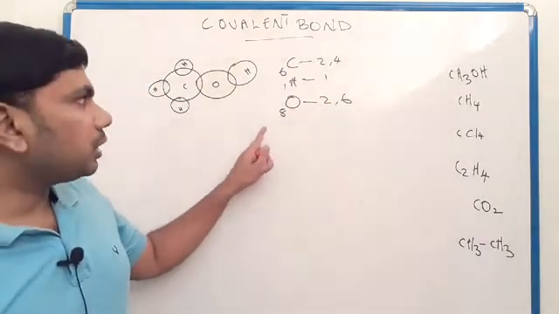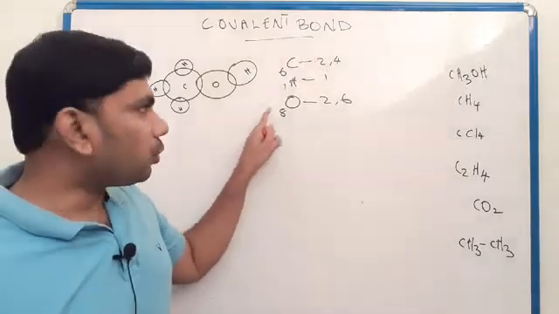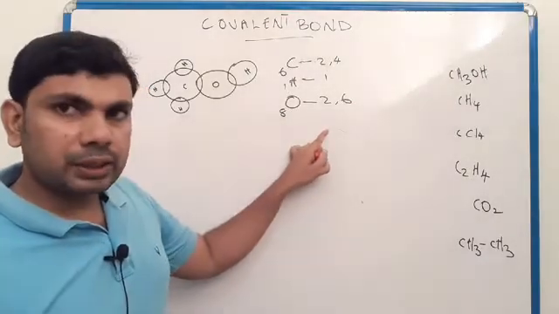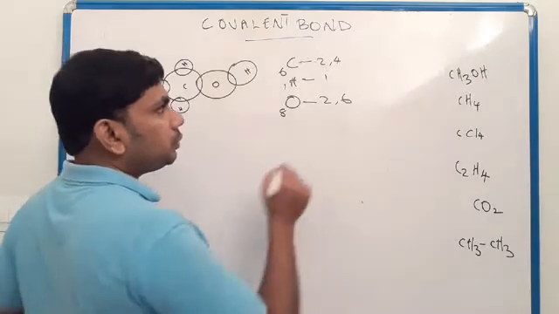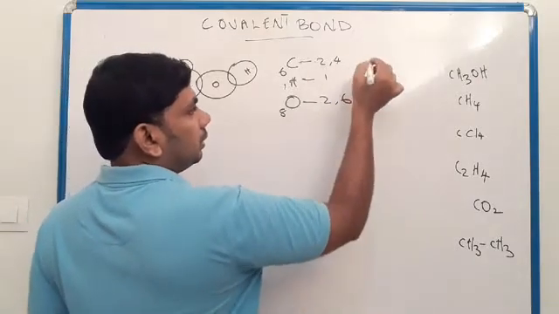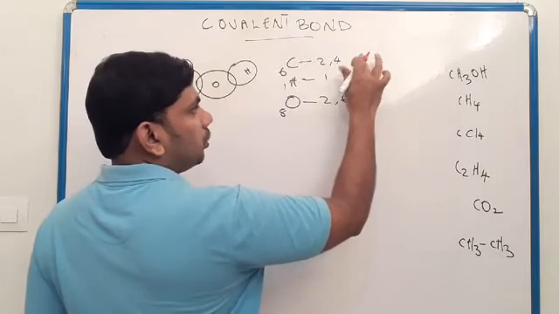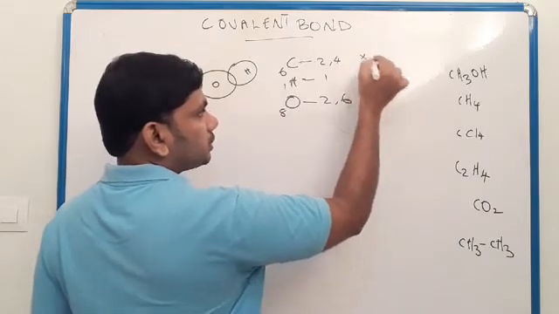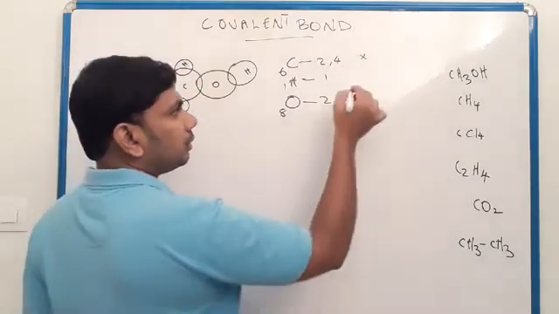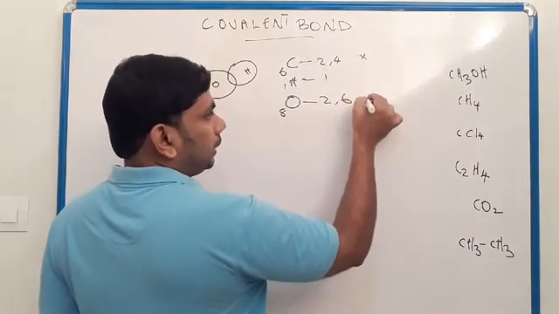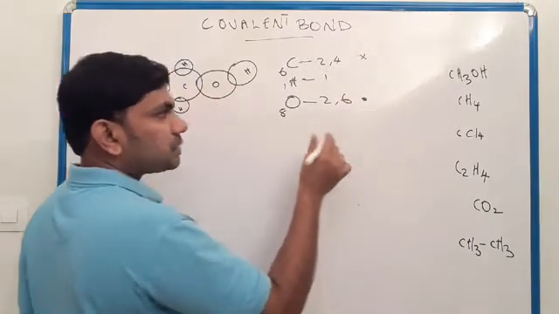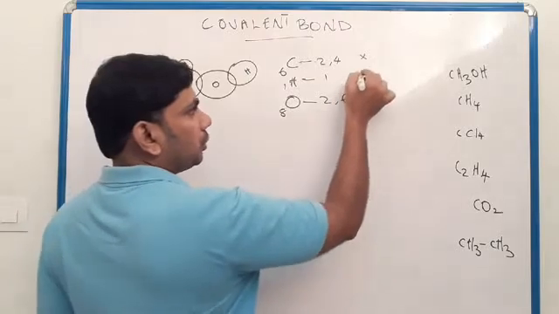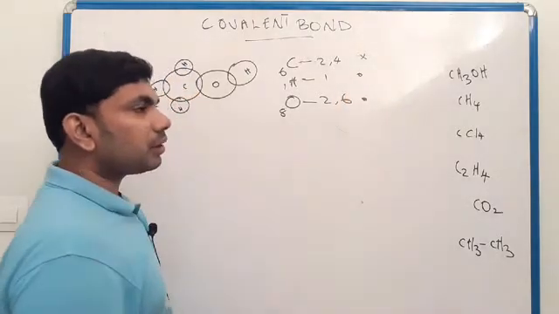Here I am using X to represent electrons of carbon, a black dot to represent electrons of oxygen, and O to represent electrons of hydrogen.